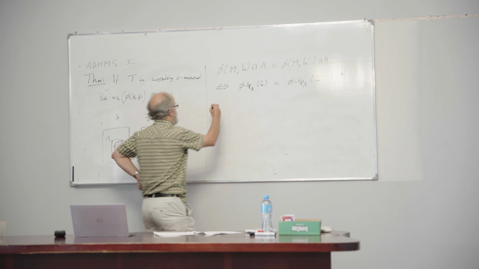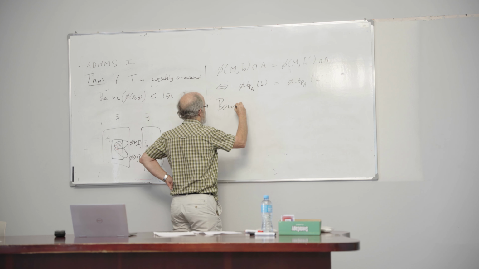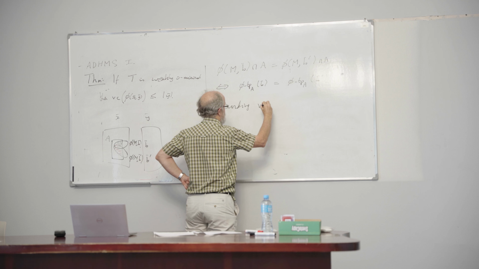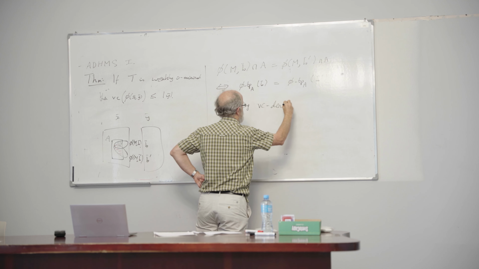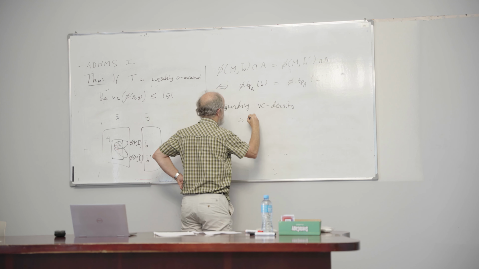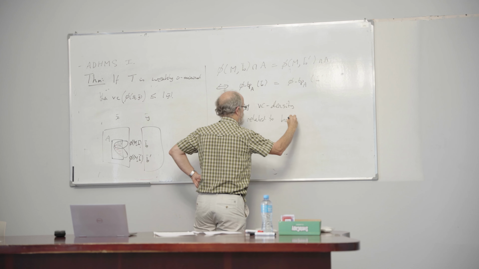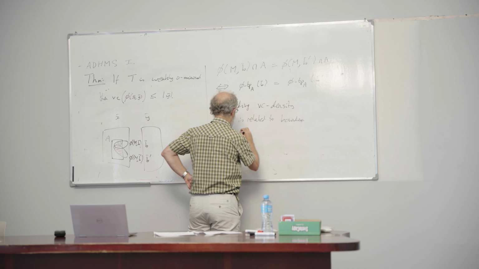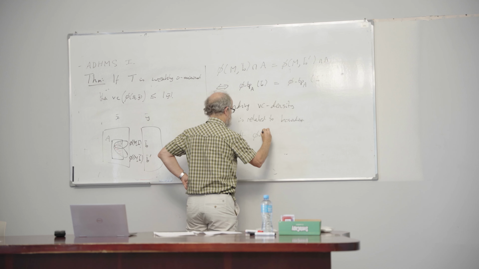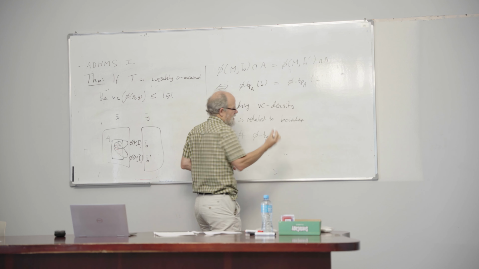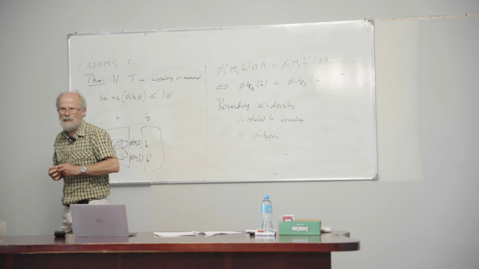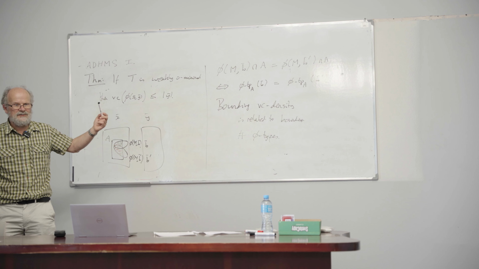So bounding VC density is related to bounding the number of phi types. And of course, counting phi types is something in model theory we're used to; we know how to do that sort of thing.